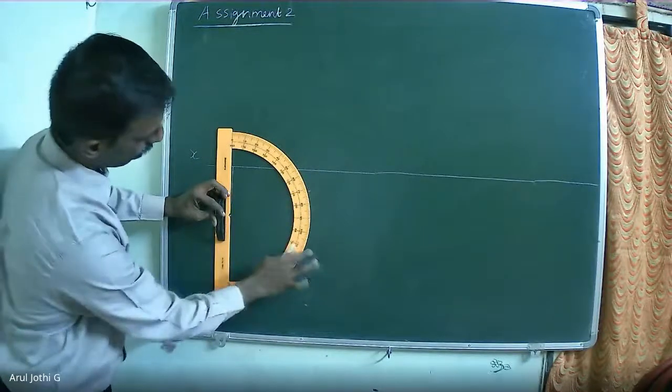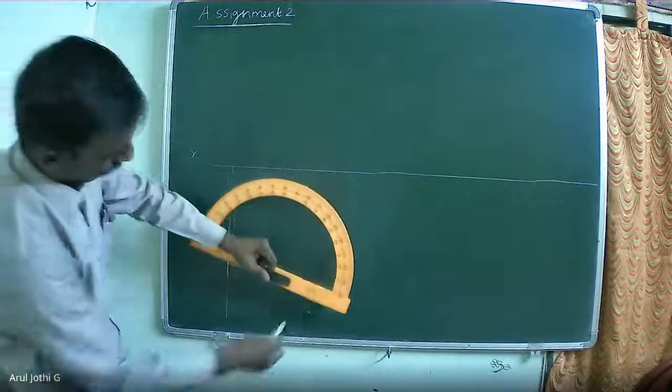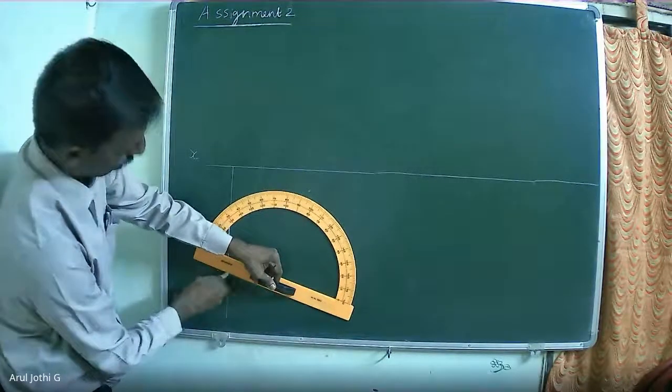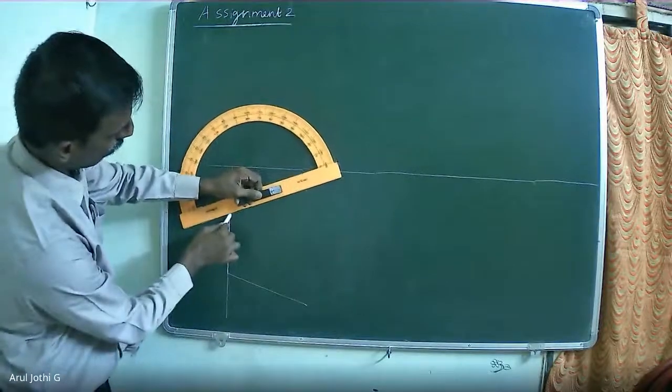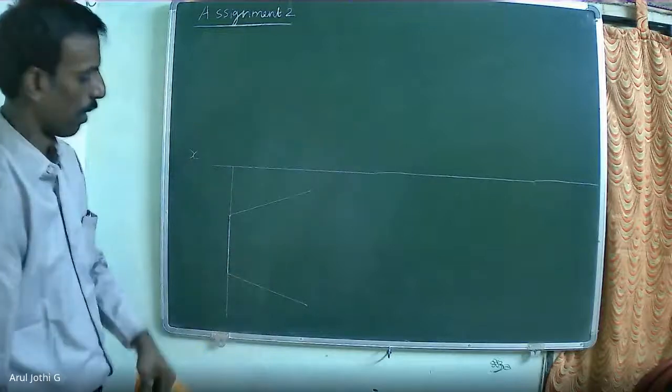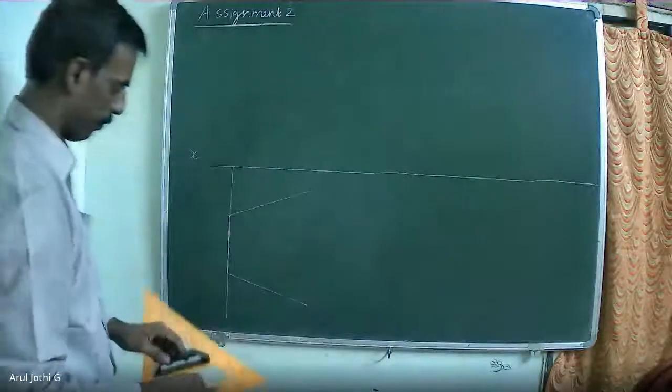Using this, you can construct the two construction lines so that you can minimize the error in construction. Then transfer the measurement on these two lines.